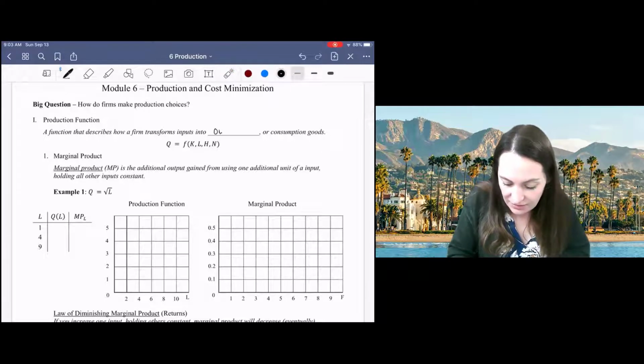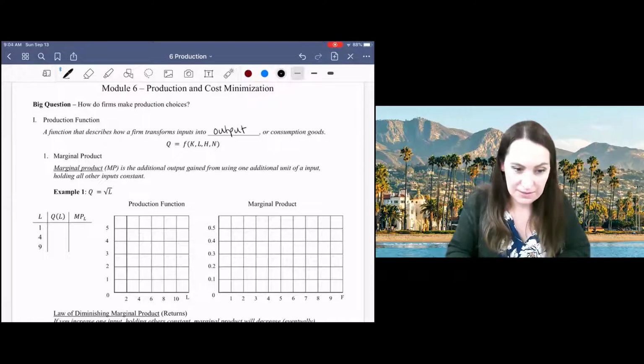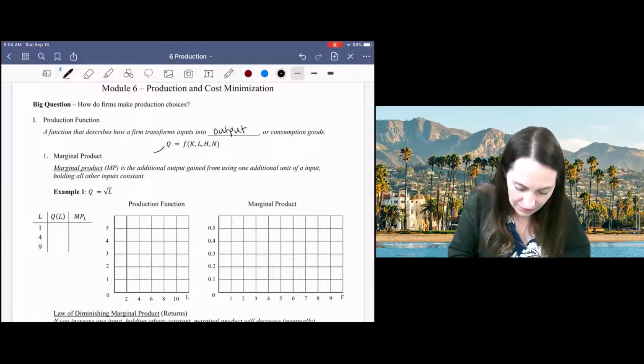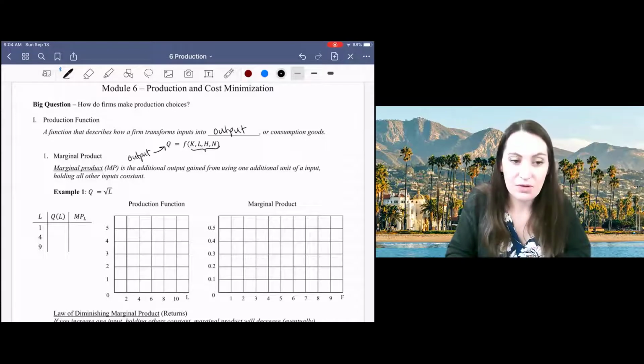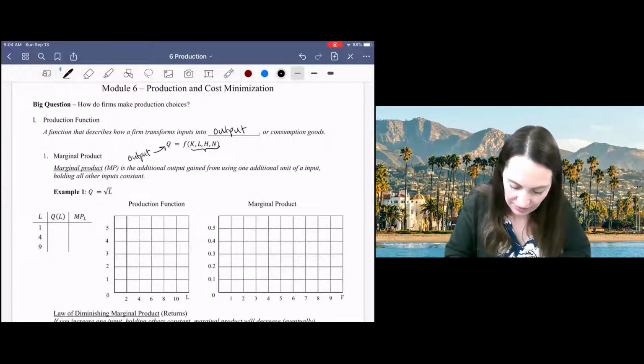And we have lots of different types of inputs in economics. So here we've written an equation of Q, quantity of output, as a function of a number of different categories of inputs, which I'll define here briefly.